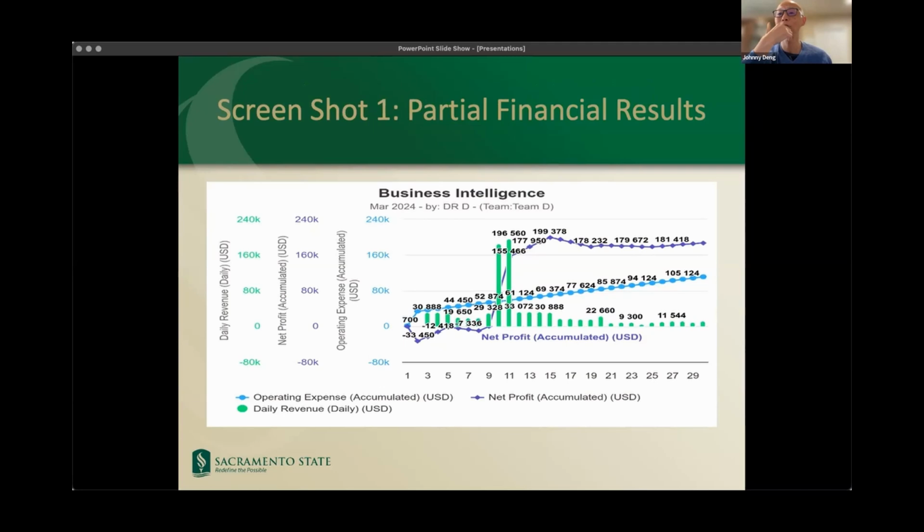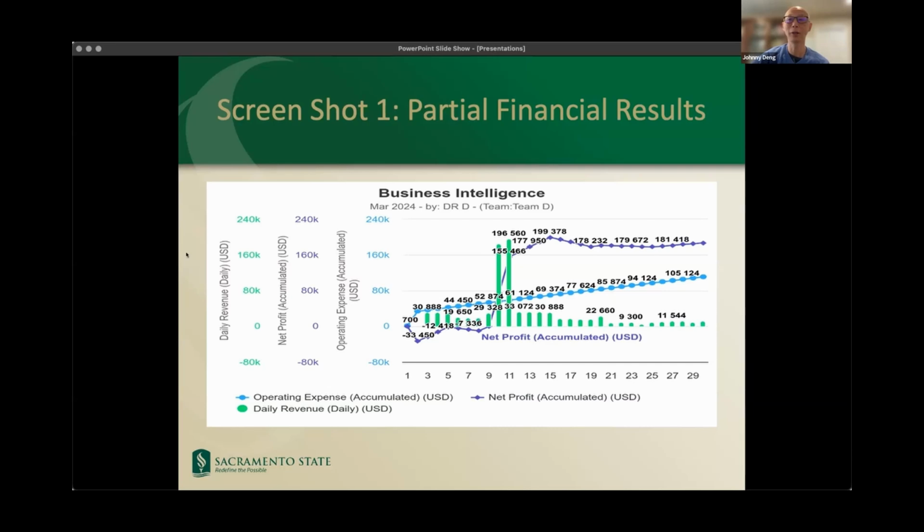Whatever pattern shows here, we'll have discussions about why this is the case, why the line looks like this, and why there's a kink here on the net profit when the operating expenses are pretty smooth upwards. Those are the questions our students will have discussions about.